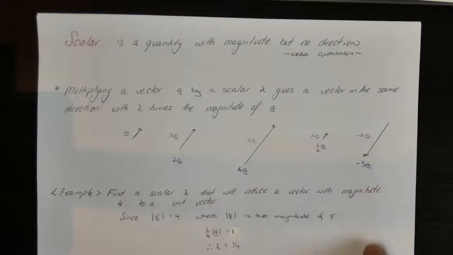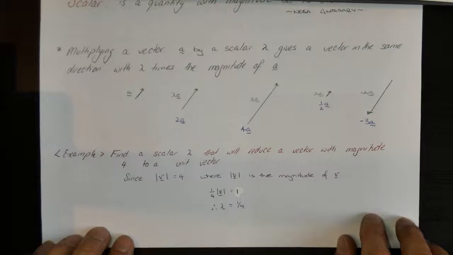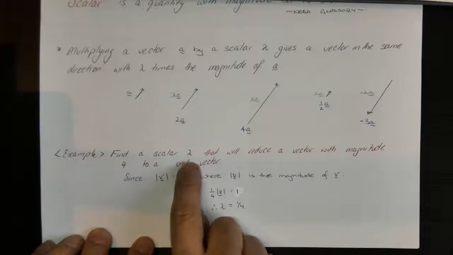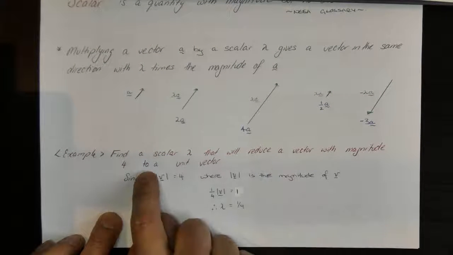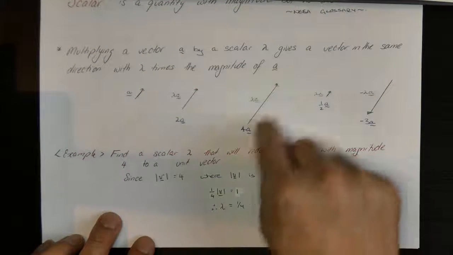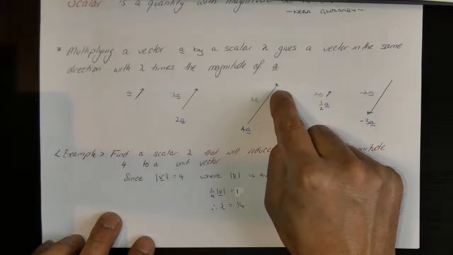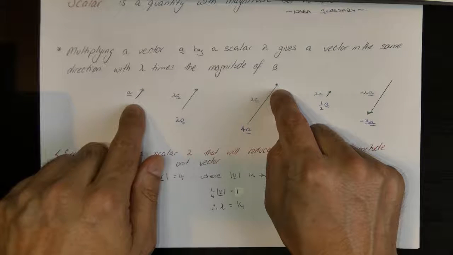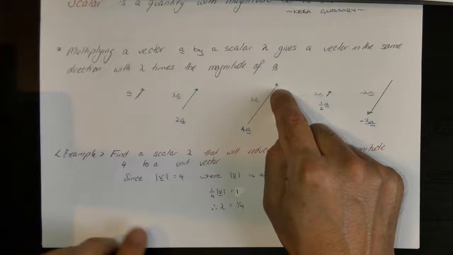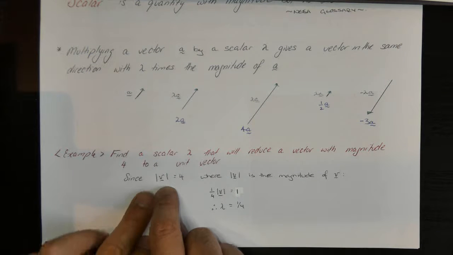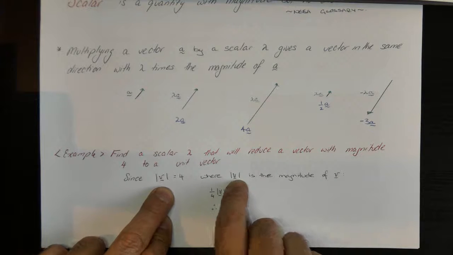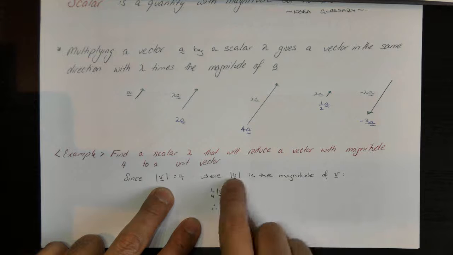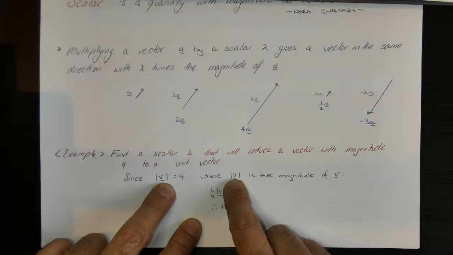Okay, so here let's do some examples. I've done this on the page. We want to find a scalar lambda that reduces a vector with a magnitude of 4 to a unit vector. So I have a vector with 4 units, and what I want is to reduce it to a unit vector. So the magnitude of v is 4, where mod v is the magnitude of v, so that's how we describe the length of this vector.